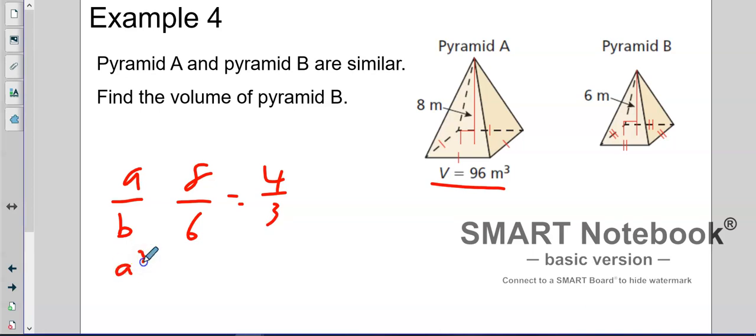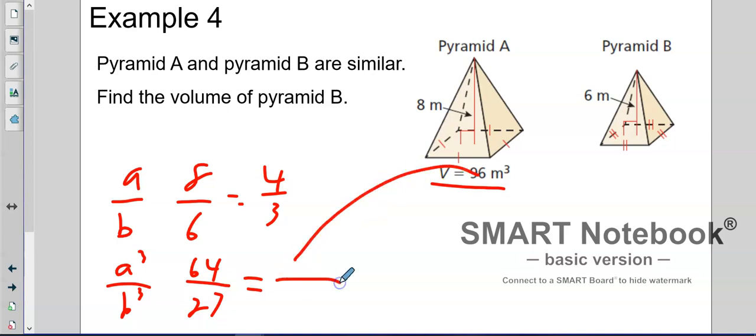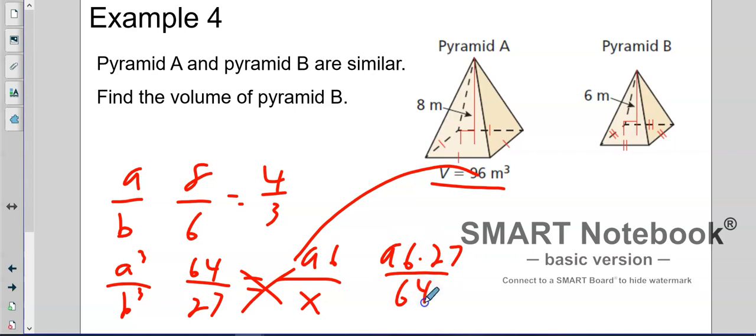Now, since we're talking about volume, we need to talk about A cubed over B cubed. So 4 cubed is 64, and B cubed, 3 cubed, is 27. Now, the volume that we have is on A, so that's going to go down here, 96, and we're trying to find the volume of B. So at this point, we're just going to cross multiply and divide. 96 times 27 divided by 64.